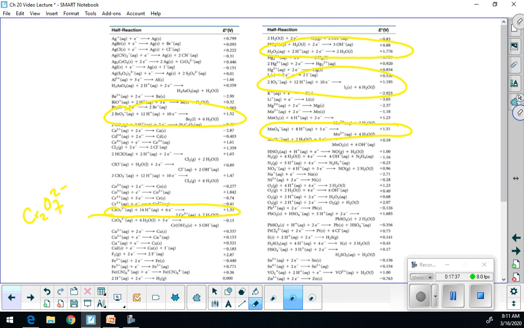What's my Ag plus? My standard reduction potential for silver is positive 0.799. That's my Ag plus. And then my nitrate, NO3 minus. Nitrate would be, that looks like nitrate, right? 0.96. And so that's pretty simple, right?